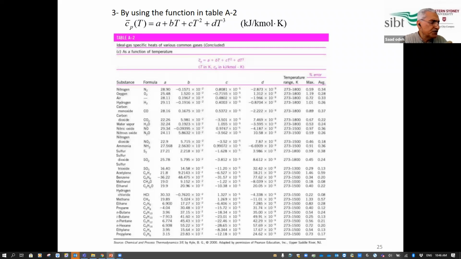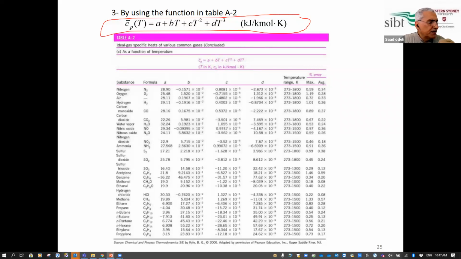This function will give you the Cp value in terms of kilojoule per kilomole Kelvin. We will not use this equation in our examples, but it's also good to know because for future work or research, if you can't get the Cp value of a certain gas, you can always refer to this equation.